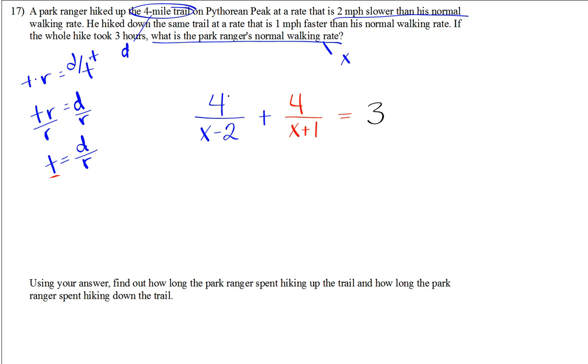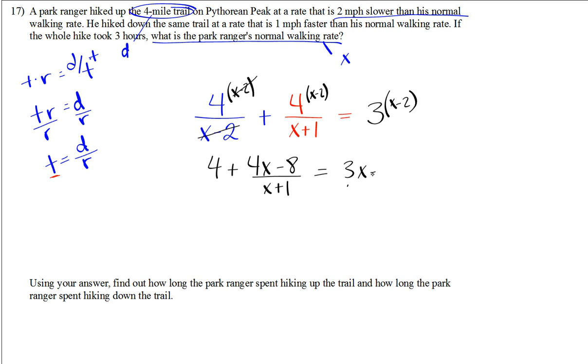Okay? So this one's a little tougher, I think, to figure out. So let's go through and multiply through by x minus 2. Get rid of that one. We get 4 plus (4x minus 8) over x plus 1 equals 3x minus 6. And now let's multiply through by that other denominator, x plus 1. Then we'll have no more denominators.